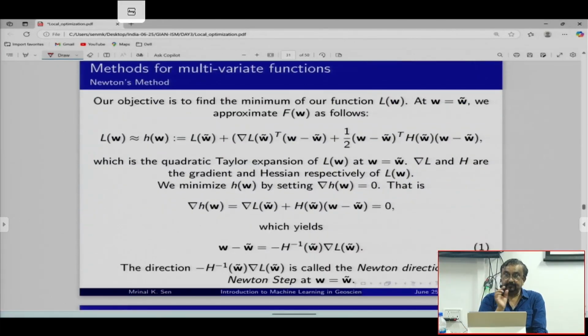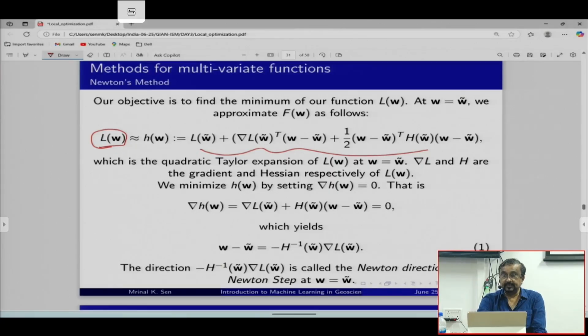another method that makes use of not just the first derivative, but also the second derivative, okay? So in this method, we basically take the loss function and we do a Taylor series expansion, okay? This may look a bit complicated to you, but that is essentially because I'm using vector notation, okay?